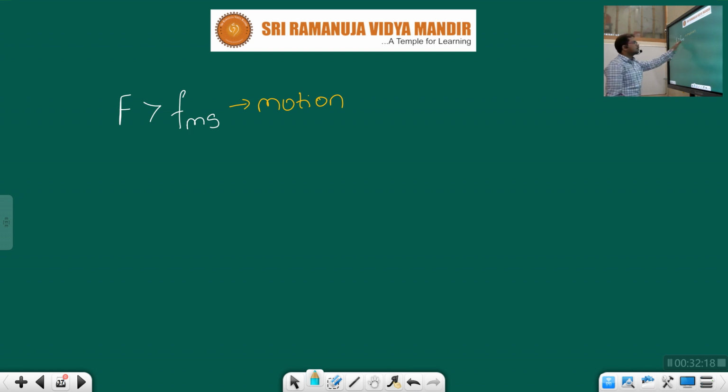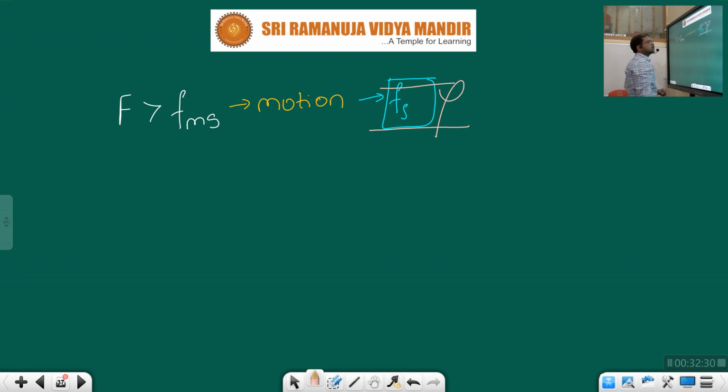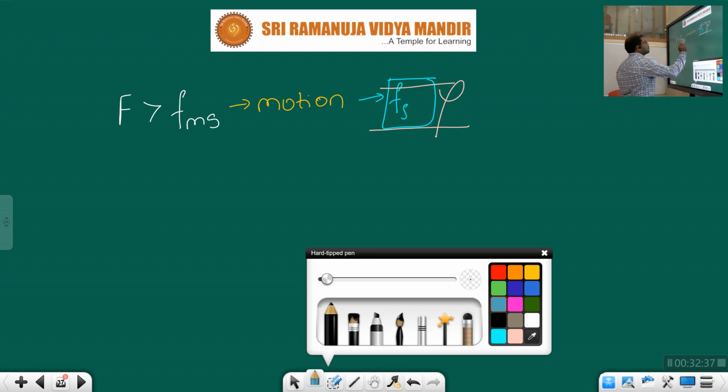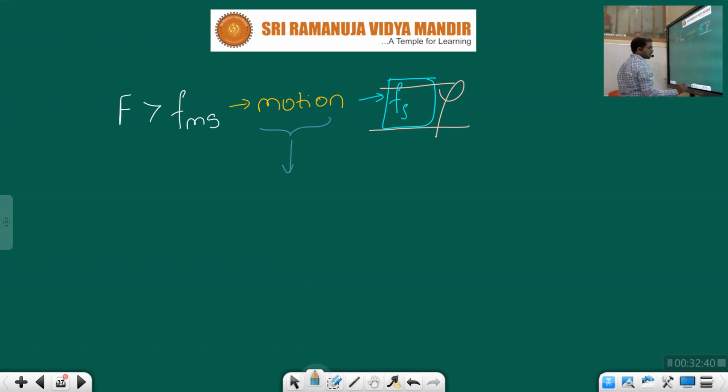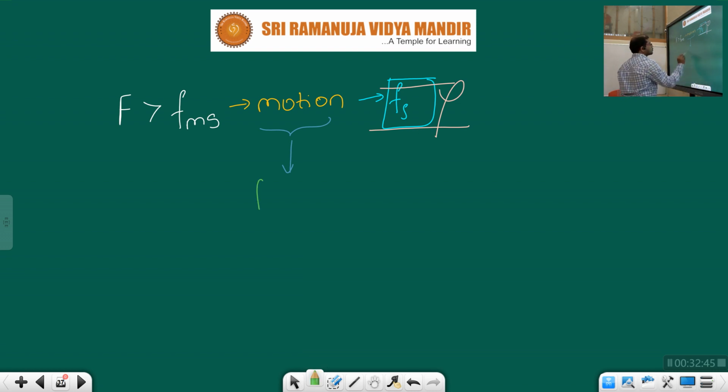From here onwards static friction disappears. We should not bother about it. Static friction won't act. But which friction will act now, children? As soon as the block came into motion, the friction that acts is kinetic friction.